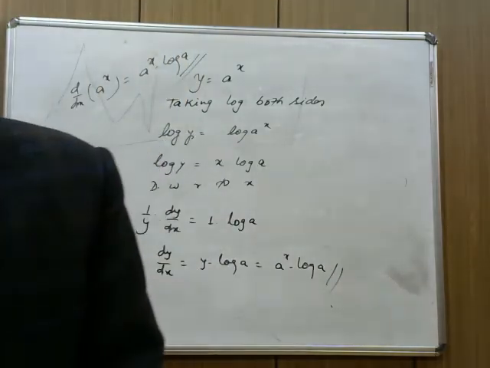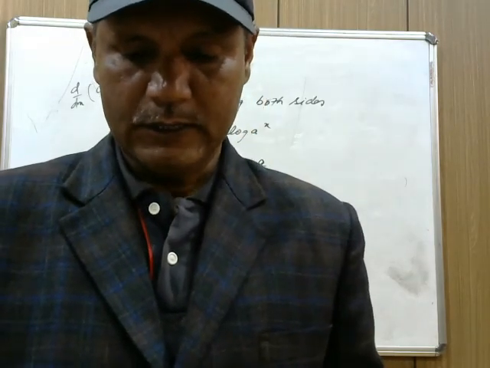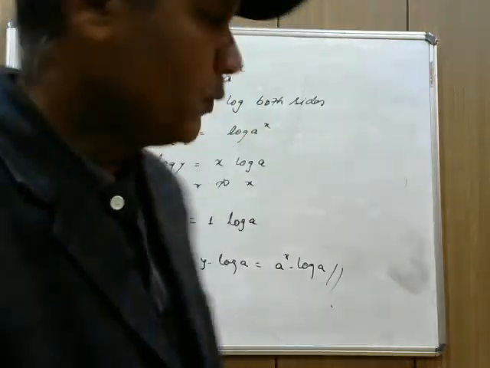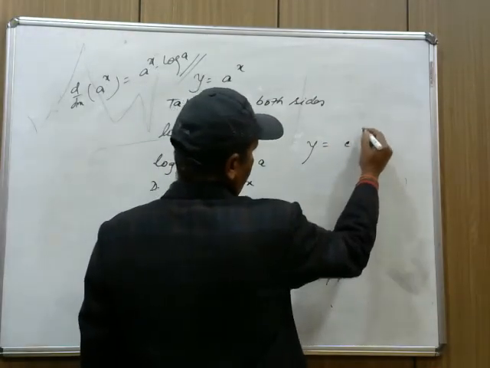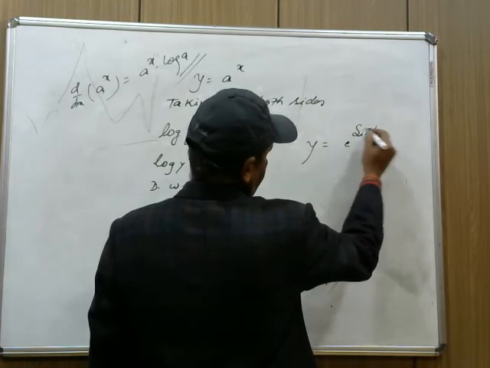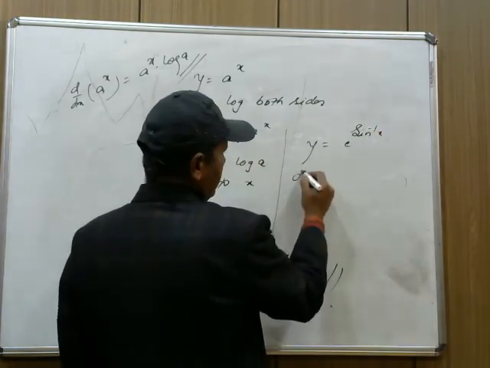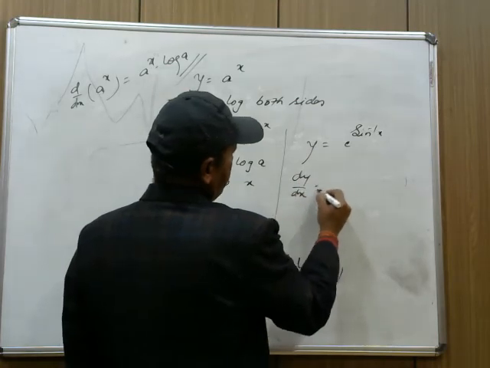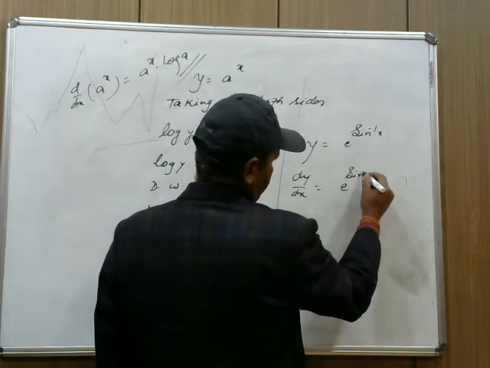Now you can solve the problems of exercise 5.4, right? Suppose one question: find the differentiation of y is equal to e to the power sine inverse x. Then what to do? Find the differentiation. dy by dx is equal to e to the power sine inverse x, which will remain as it is.